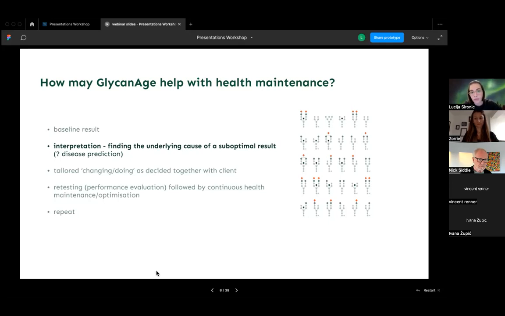The rest of the steps then follow, which is tailoring changes, whether that has to do with lifestyle or different pharmacological interventions that you decide together with your clients, followed by retesting, seeing whether that lifestyle or pharmacological intervention made any difference. And that's basically that cycle of continuous health maintenance and optimization that we are trying to achieve.